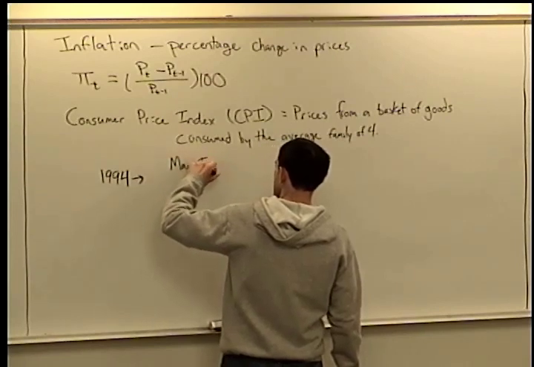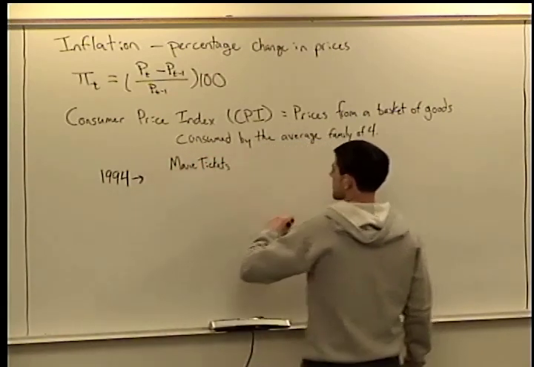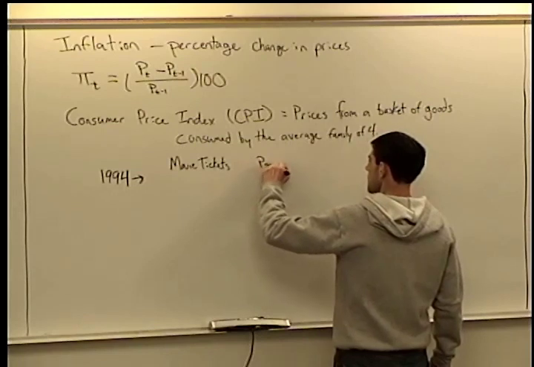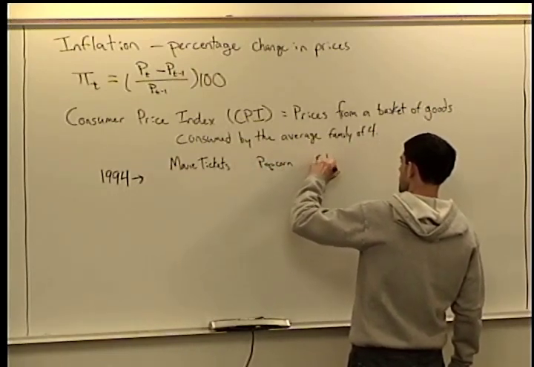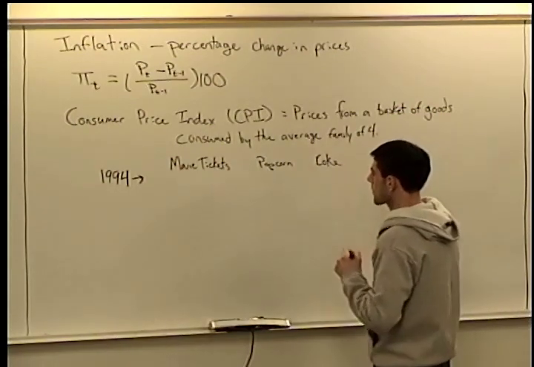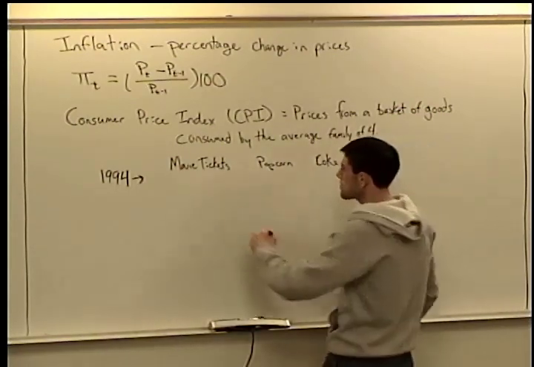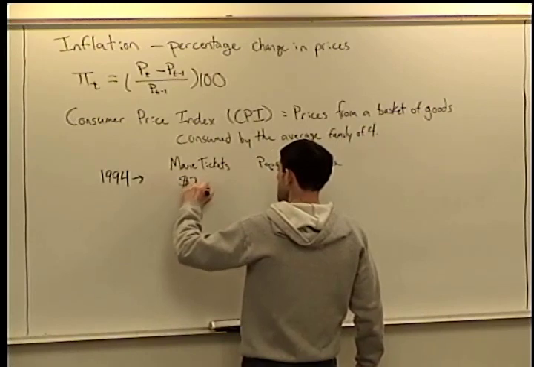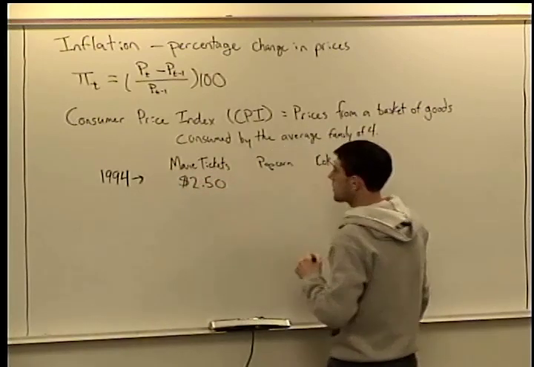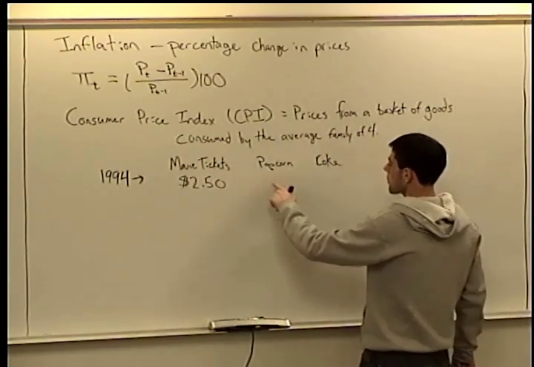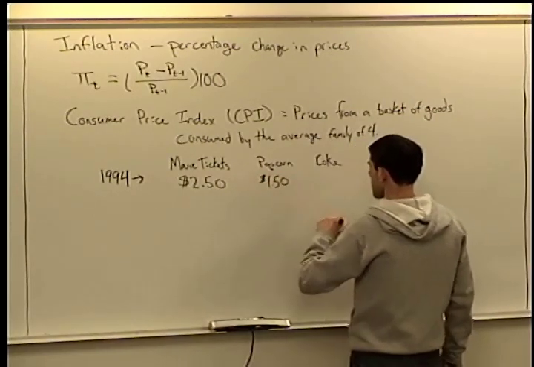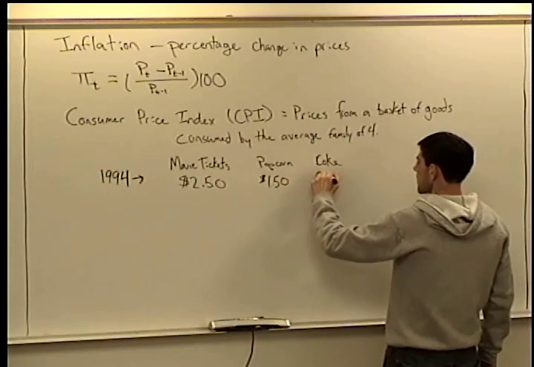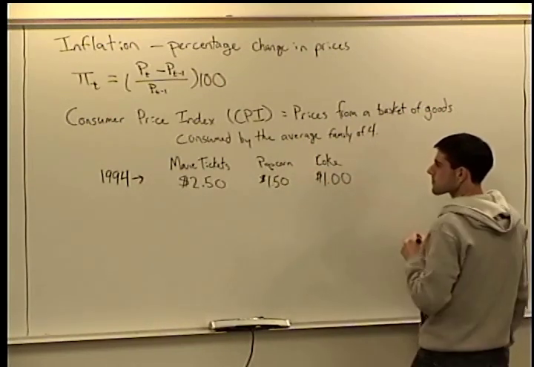Okay, so we have movie tickets, popcorn, and a Coke. In 1994, let's say movie tickets cost $2.50 each. Popcorn cost $1.50, and a small Coke cost $1.